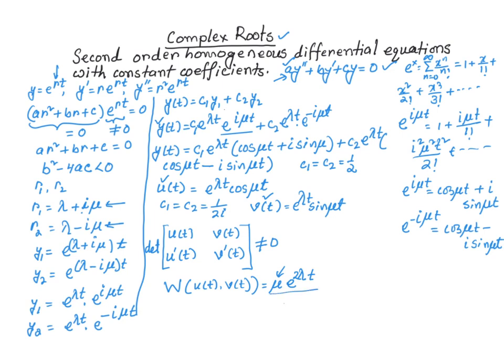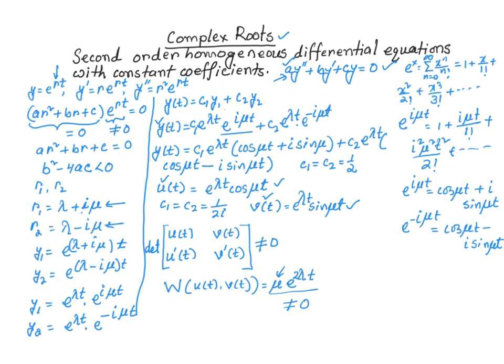So the Wronskian is non-zero, which means these solutions are linearly independent, meaning you can use them to find the general solution.